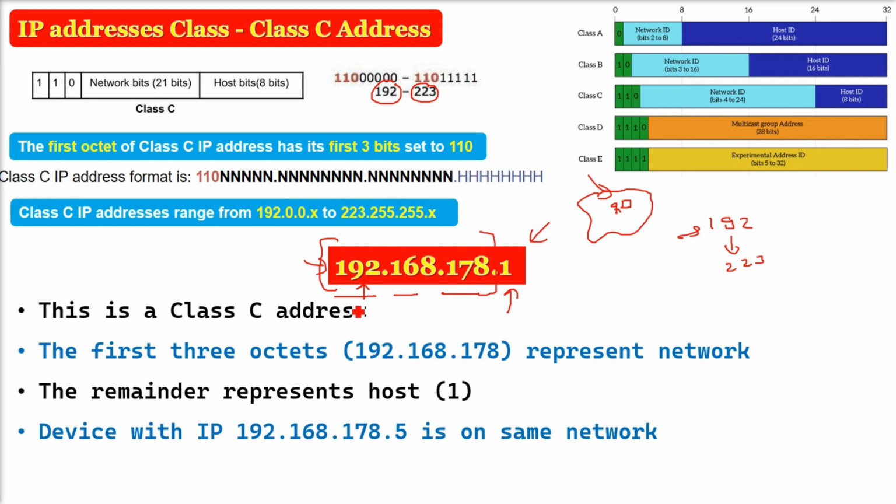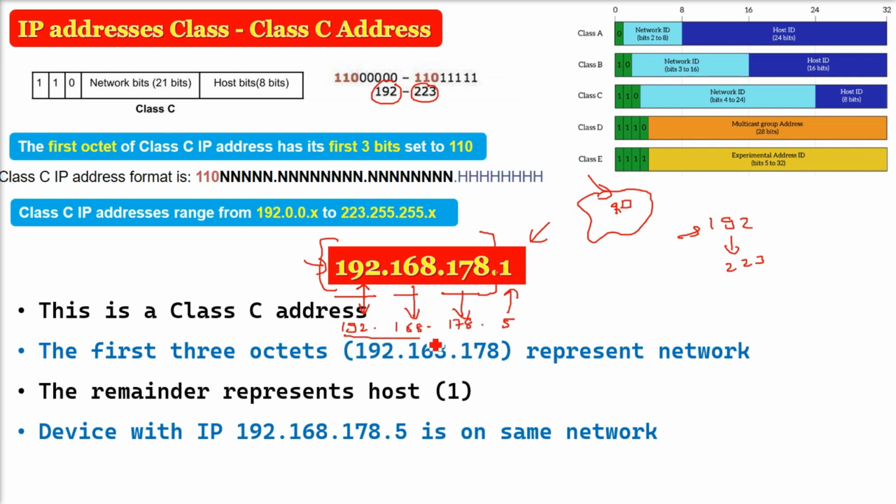How do we know whether a certain device is on the same network or not? If I write 192.168.178.5, the first three octets, 192, 168, 178, match, so both belong to the same network.